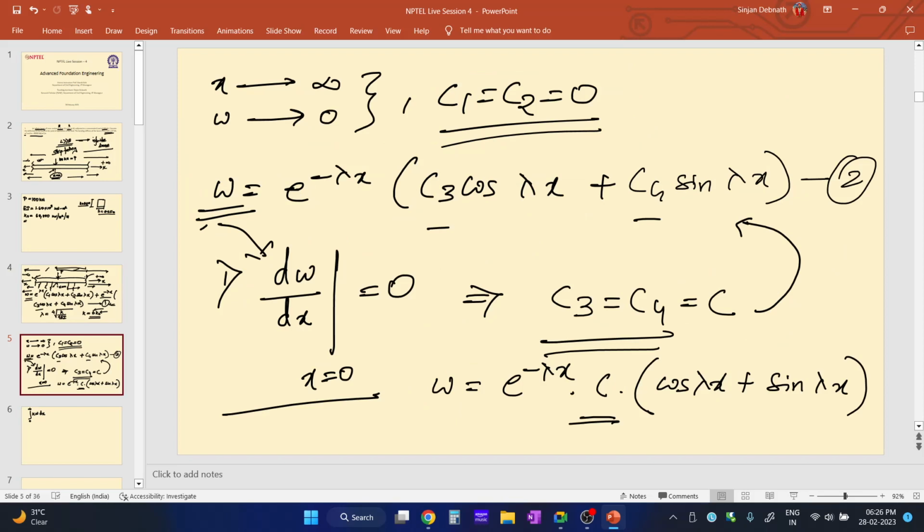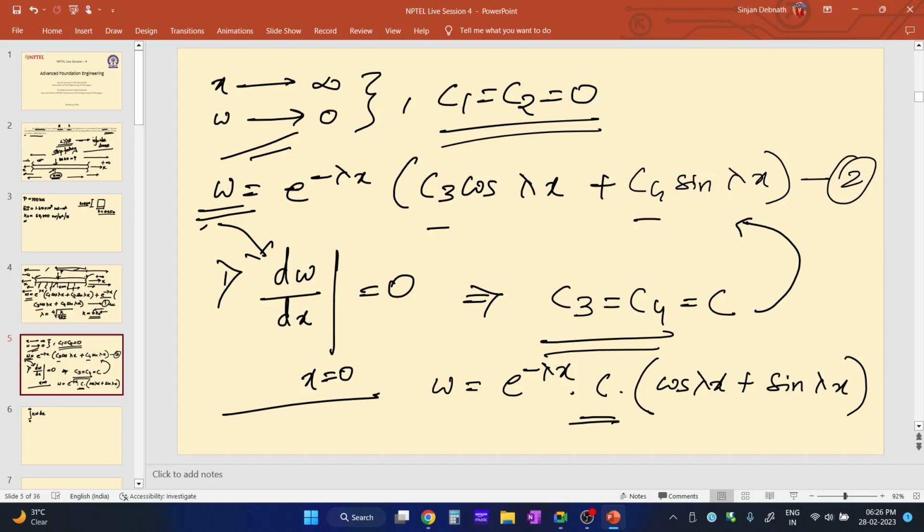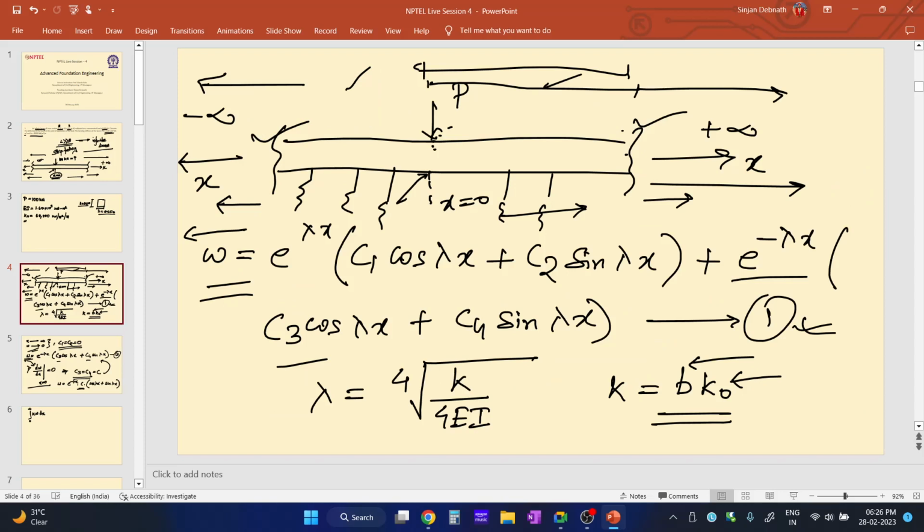If we apply this boundary condition in equation 1, we will get c1 and c2 equal to 0, both will be 0. Now if we put c1 and c2 equal to 0 in this equation, we will get w equal to e to the power minus lambda x (c3 cos lambda x + c4 sin lambda x).